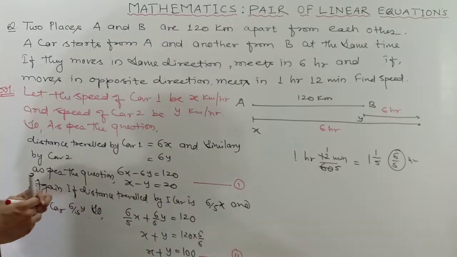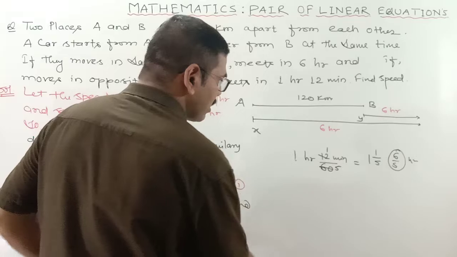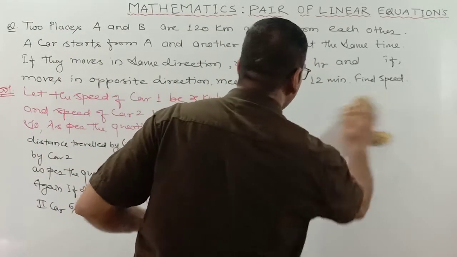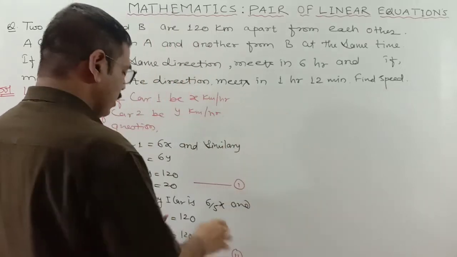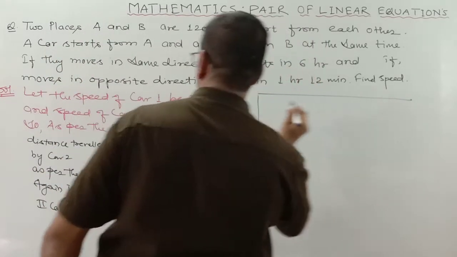I don't think there is any doubt till here. So you must pause the video and note down till equation number 2. Now we'll solve these equations and we'll get the final answer. So I am just making this clean. Now see what will happen here.